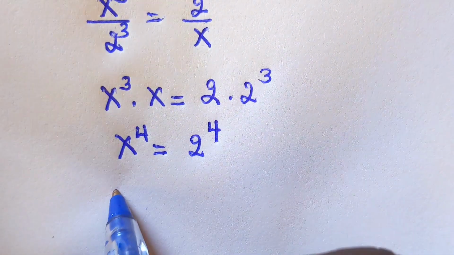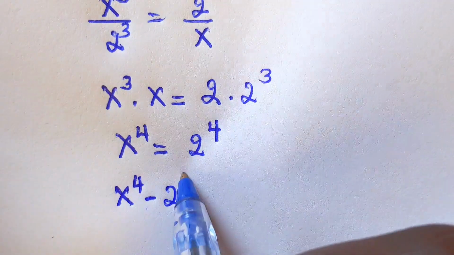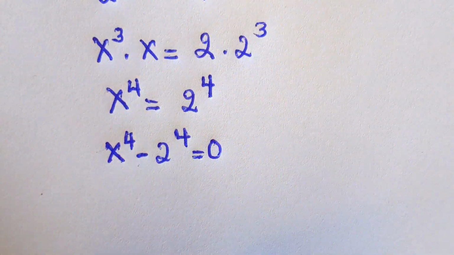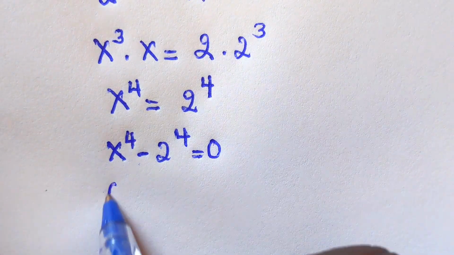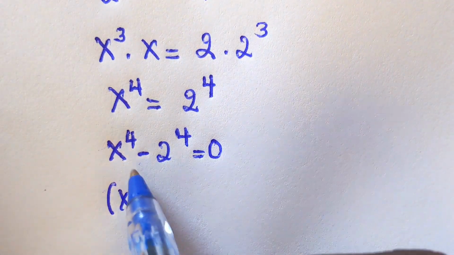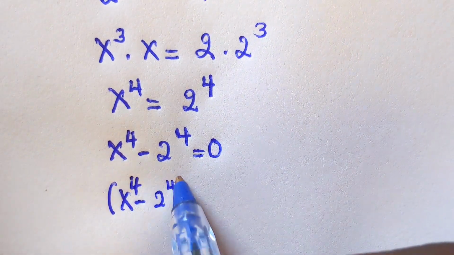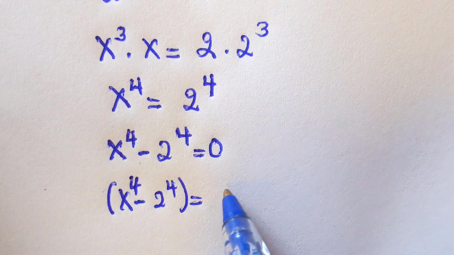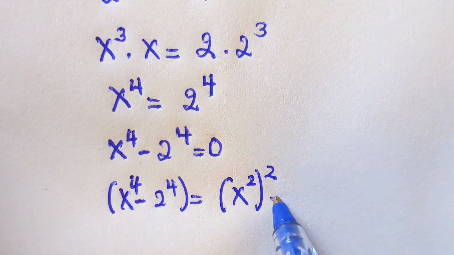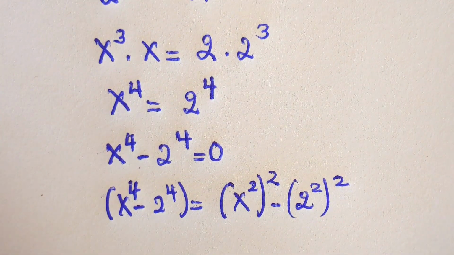We can group like terms to get x to the power 4 minus 2 to the power 4 equals 0. Here x to the power 4 minus 2 to the power 4 can be written as (x squared) squared minus (2 squared) squared.